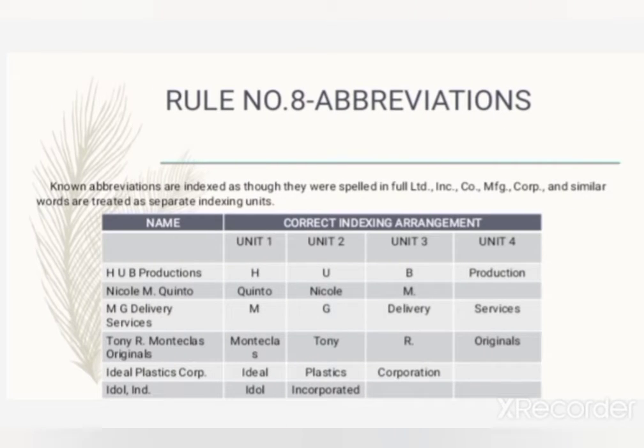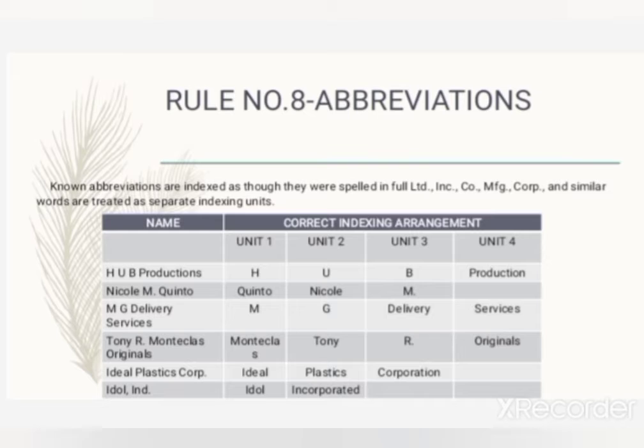Rule number 8, abbreviations. Known abbreviations are indexed as though they were spelled in full. In rule number 8, the abbreviations are indexed by writing out the full words.